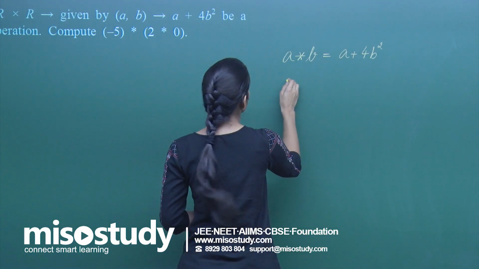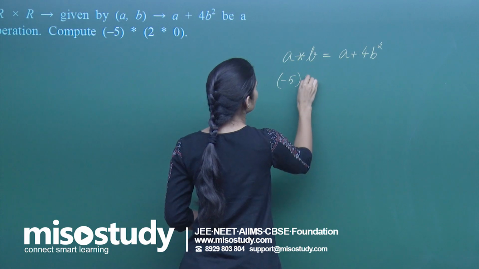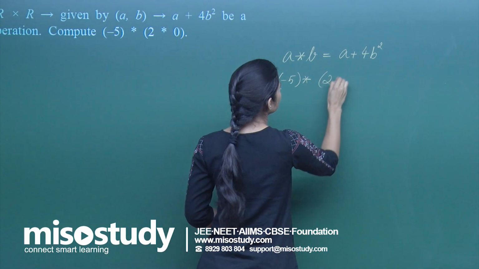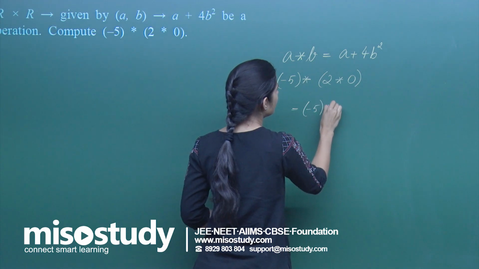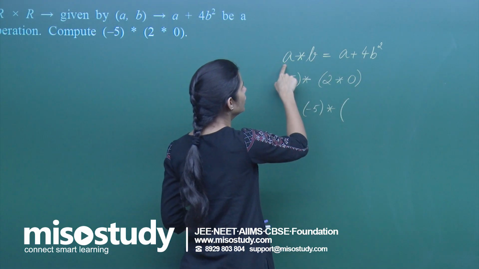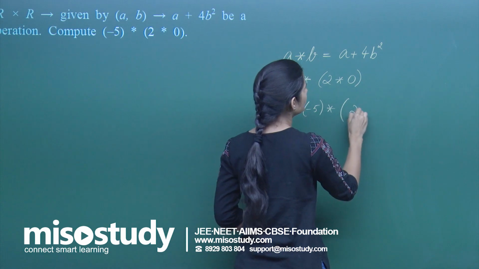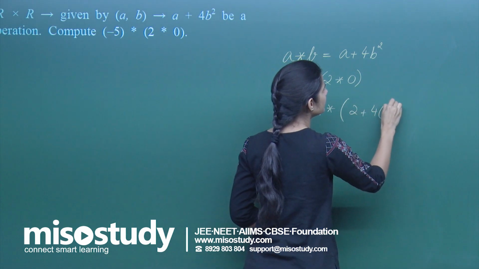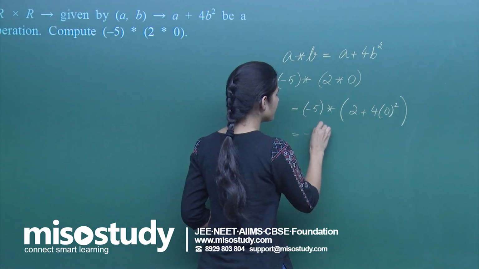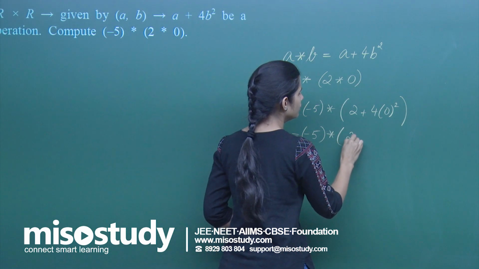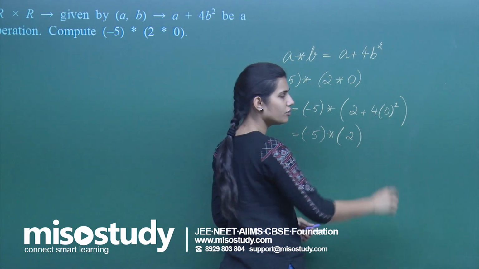I am asked to compute minus 5 star 2 star 0. This is minus 5 star, keep it as it is, 2 star 0. 2 star 0 is 2 plus 4 times 0 square by the definition. This gives me minus 5 star 2, because this is 0.